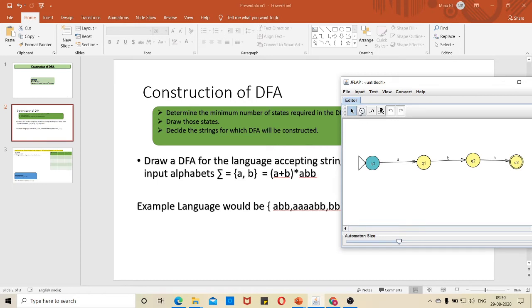So, thinking in that way, let me put a loop over here. However many A's come, it will stay in this particular state. Only if a B comes, it will be transferred over here. So, this is as per our requirement, it has been done.